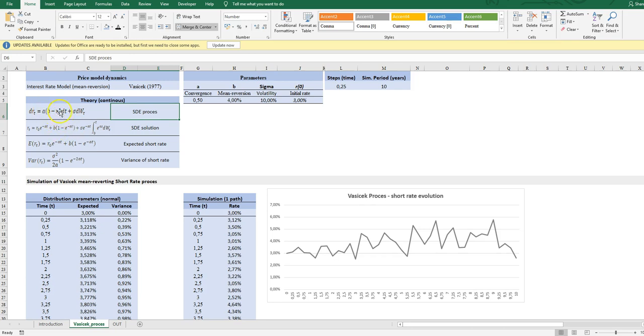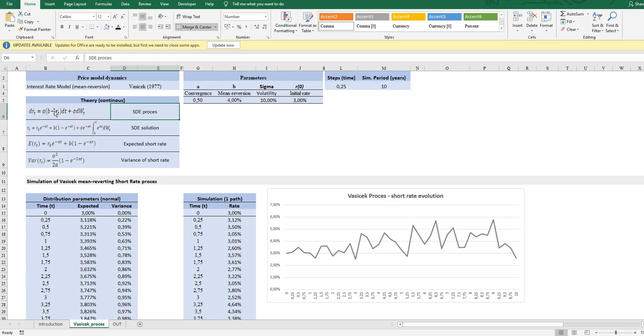The mean reversion process has the nice feature that the stochastic interest rate has a tendency to move towards a predefined mean reversion level, and this is the b. And the a is the speed level at which this reversion occurs.